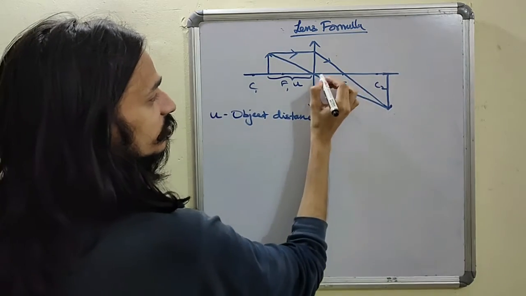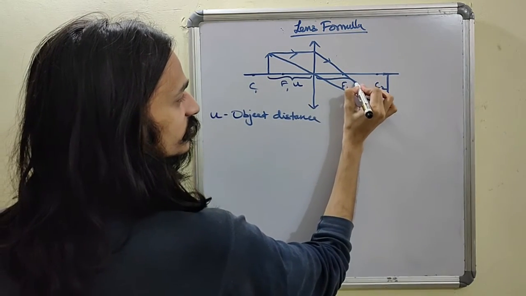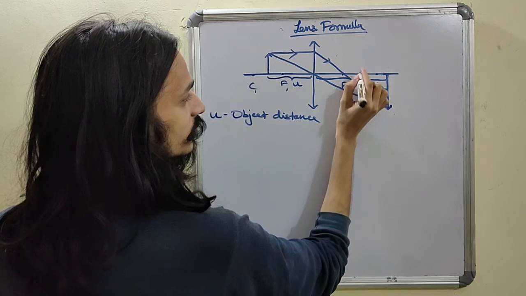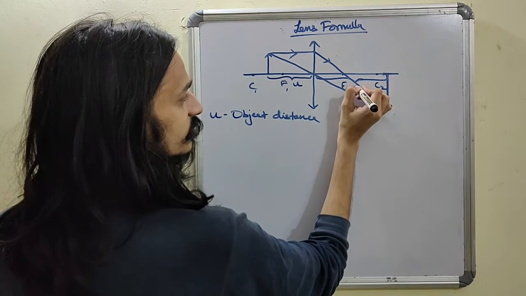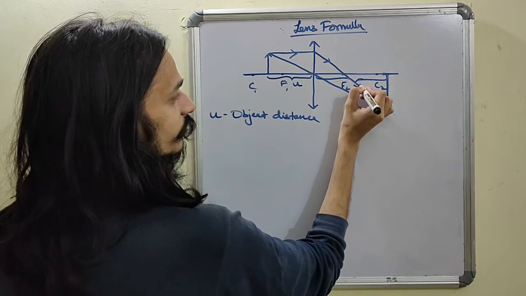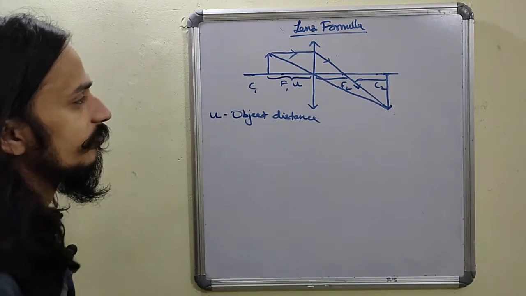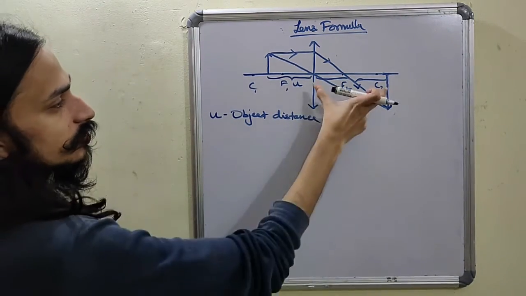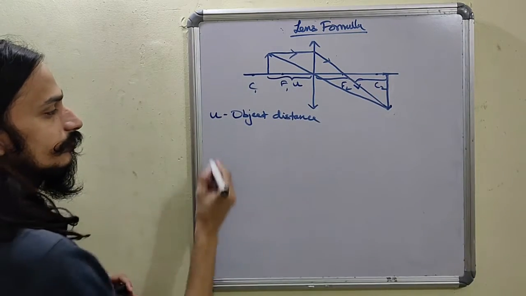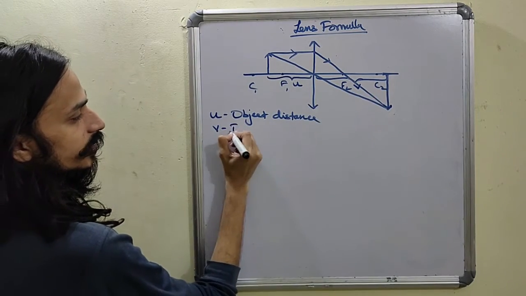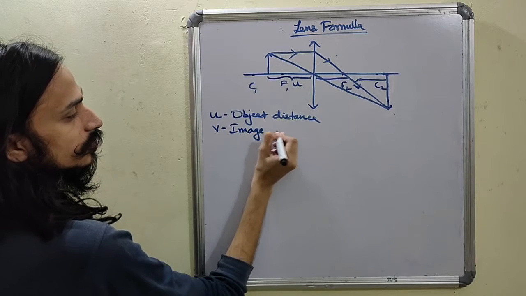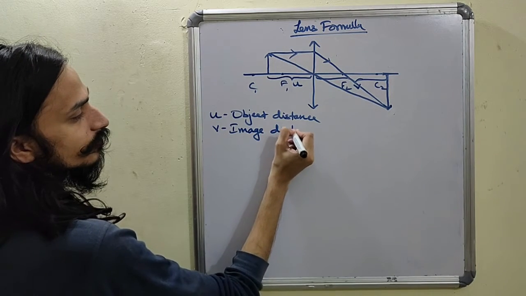Similarly, the image is also at a certain distance from the lens. This is called v. I hope you are not getting confused with the overlap there. So this whole distance is v. v is nothing but image distance.